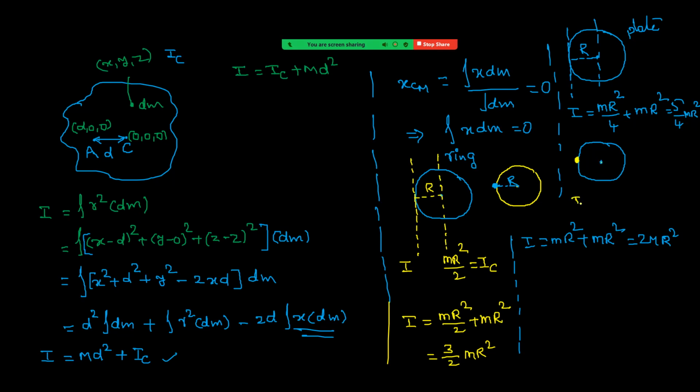Then I value will be equal to about its own axis mr square by 2, plus separation r, so mr square. So total value is 3 by 2 mr square. Like this we can use the parallel axis theorem.